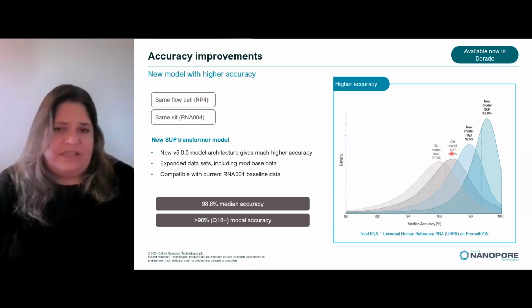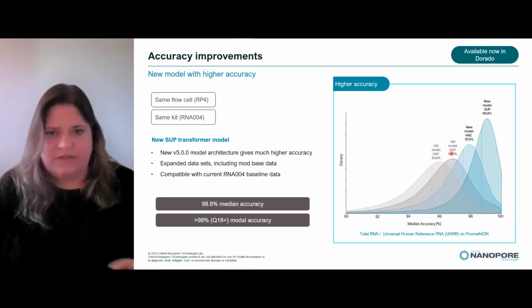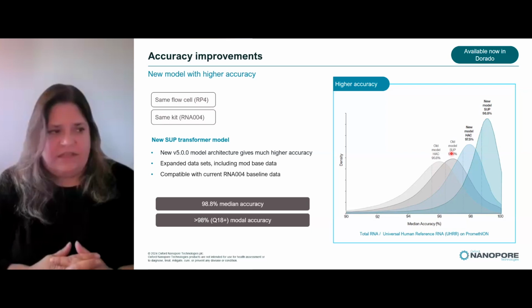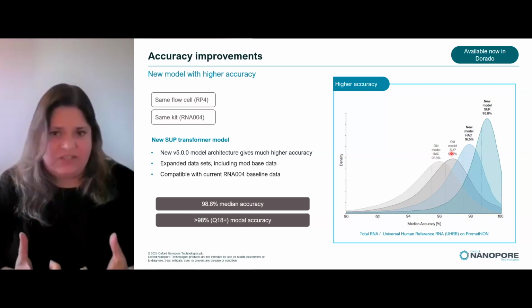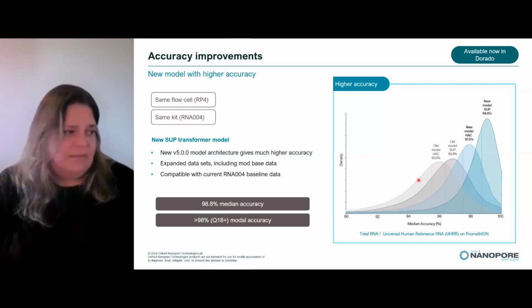We've had a bit of a step change over the last 6 months and changed the base calling architecture again. And we've expanded the data sets, so we've included mod-based data as well. And so we've increased the accuracy significantly.